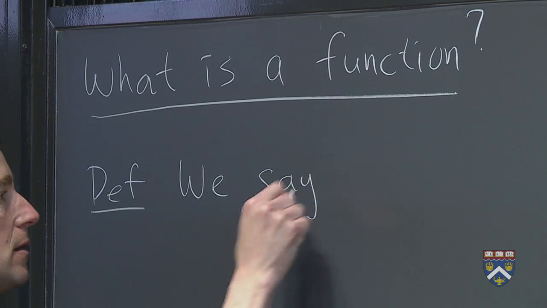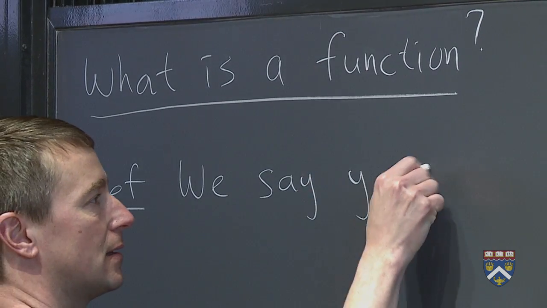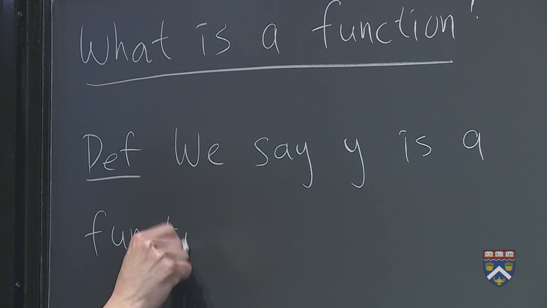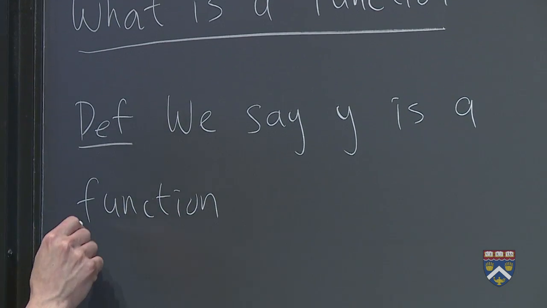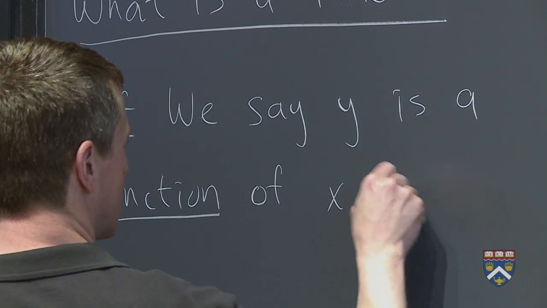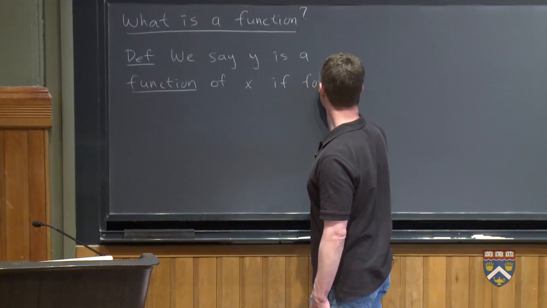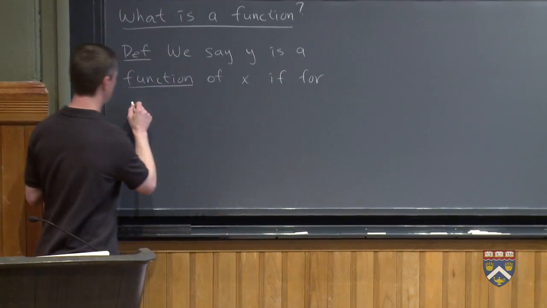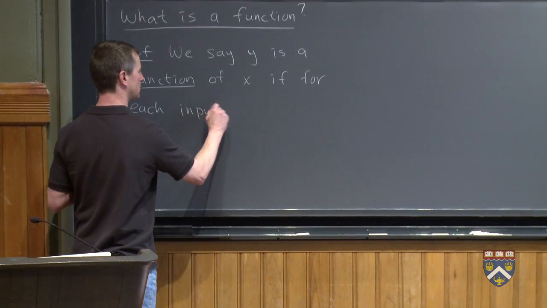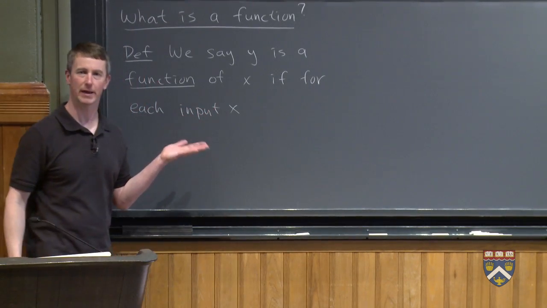We say y is a function. And I'll usually try to underline the word that we're defining. A function of x if for each input x, so x is the thing that's going into the function.